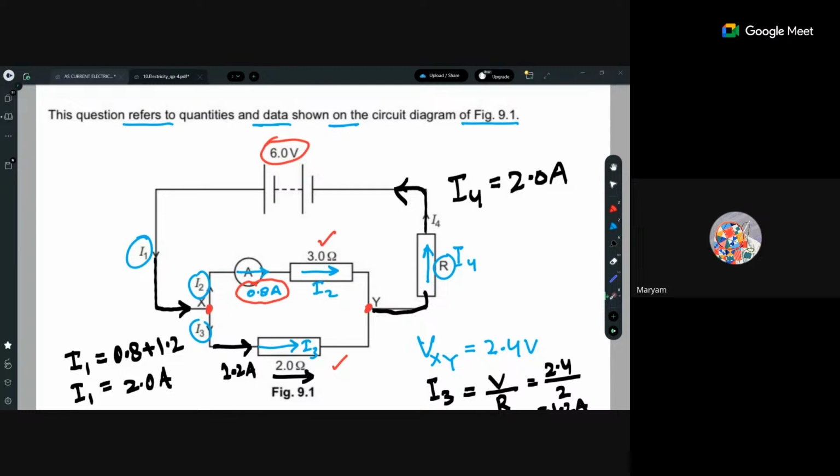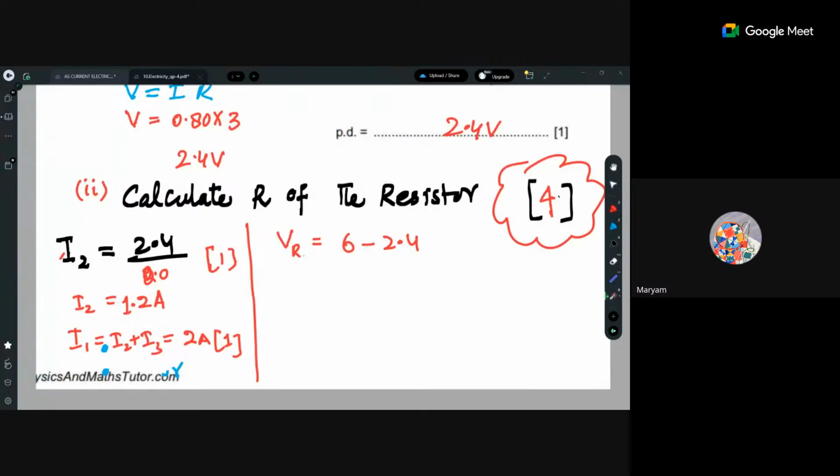So I can say the remaining voltage would be dropped across this one. It's gonna be 3.6. Yes, definitely, the potential difference across that is 3.6 volt.